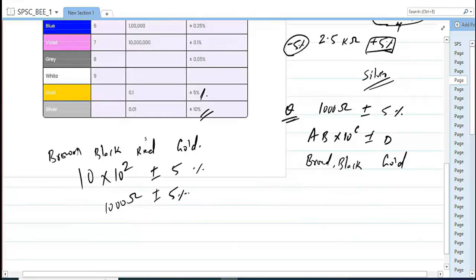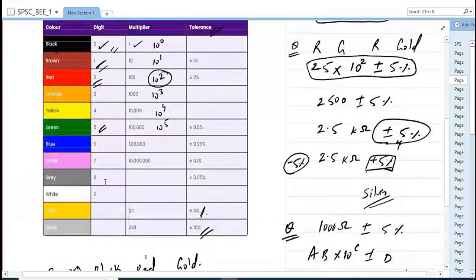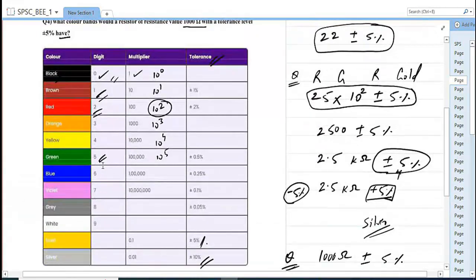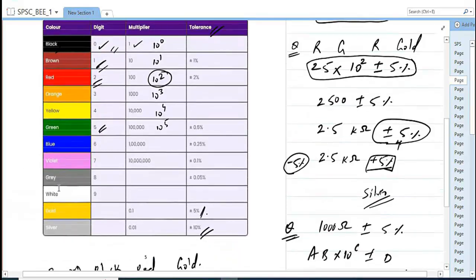The short trick for remembering this color coding is B.B. Roy, Great Britain, very good wife. In our college days we remembered it like this. So: black, brown, red, orange, yellow, green, blue, violet, gray, white, and the tolerances are gold and silver.